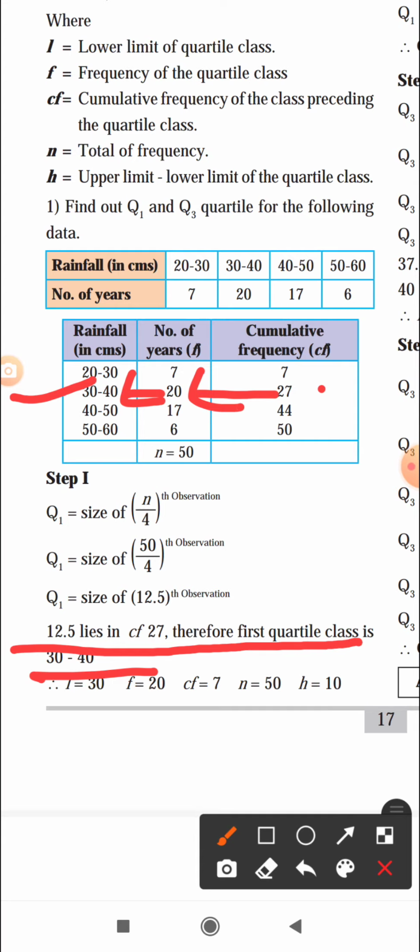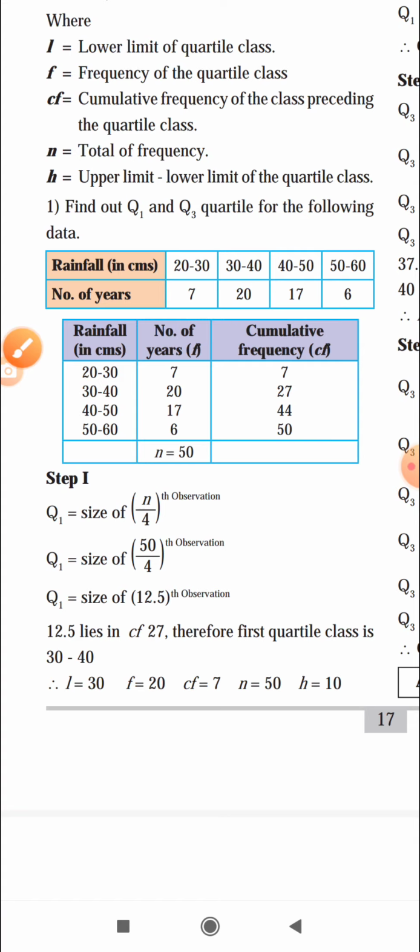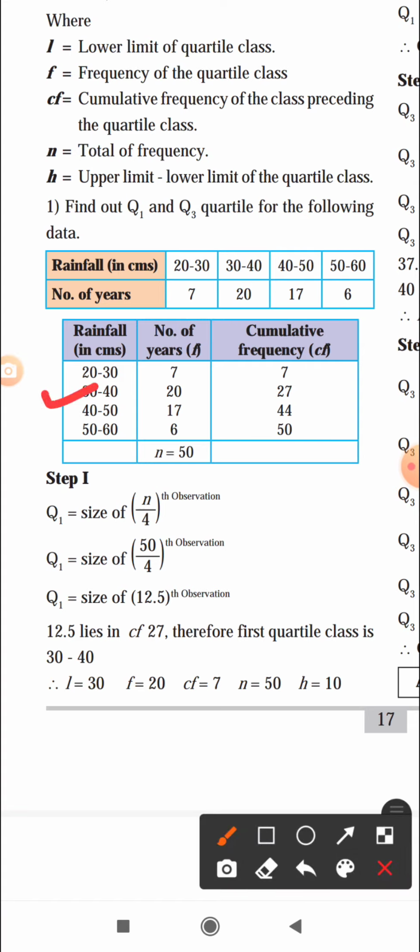Here our quartile class is 30 to 40. So L, the lower limit of the quartile class, is 30. F, the frequency of the quartile class, is 20. CF, what is meant by CF? CF means, in this case, the cumulative frequency of the class preceding the quartile class. The quartile class is 30 to 40, and the CF of the class before it is 7. So 7 is the CF here.